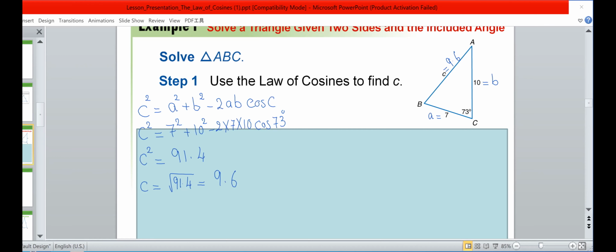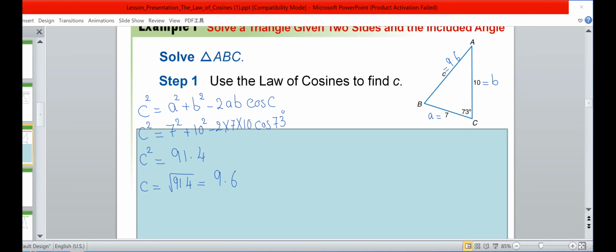Thanks, Mazen. I'm going to Ziad. Yes, how are you? Now we have the three sides here. The first side is 7, it's given, and the second side is 10, and the third side, C, we get it with Mazen.